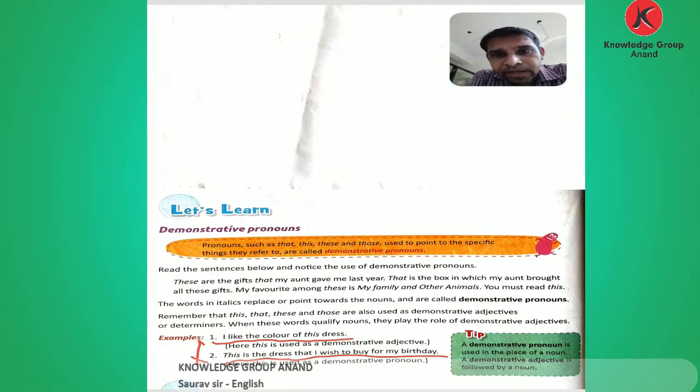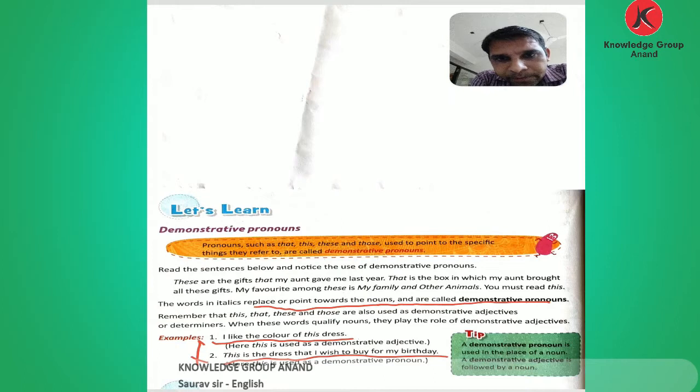If they are used instead of a noun, that is called a demonstrative pronoun. And if this, that, these and those are used before the noun, that is called a demonstrative adjective.